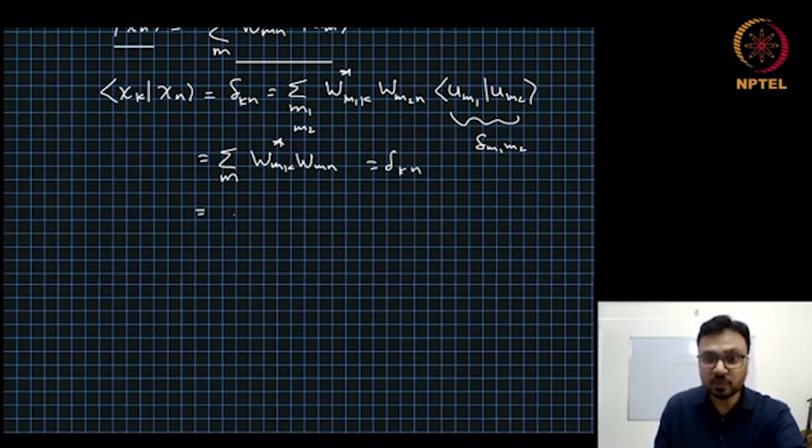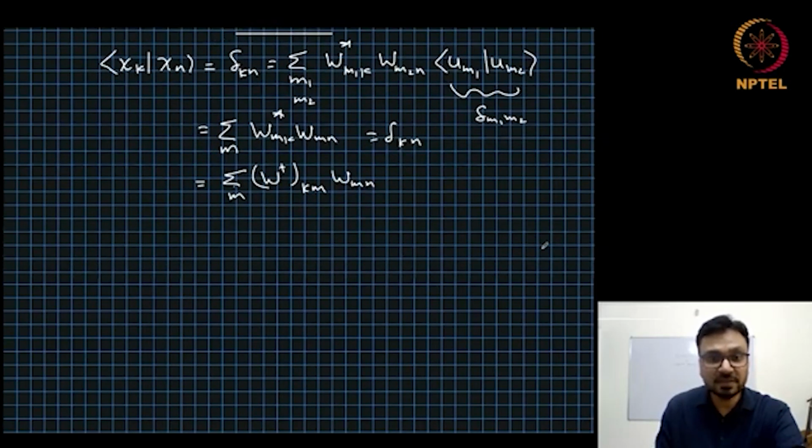Now let us see what it looks like. Sum over m, we have w dagger km w mn. You can see that w dagger is actually w star and transposed.